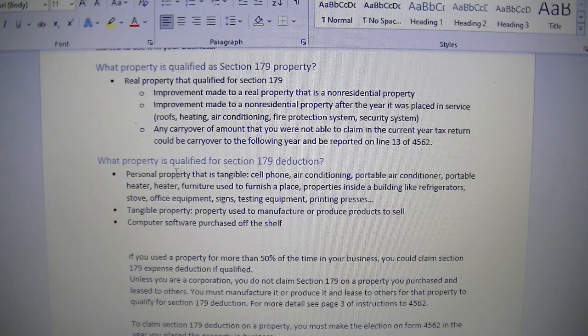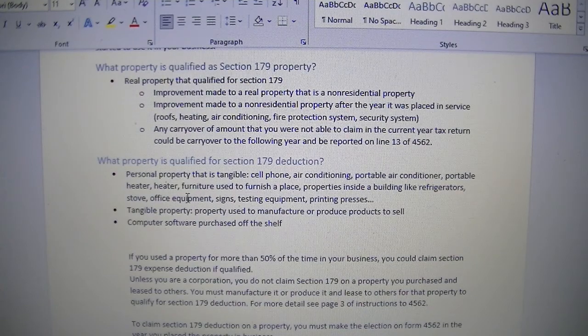They are tangible personal properties that could qualify for Section 179 deduction. So you have Section 179 property and Section 179 deduction that we are talking about.